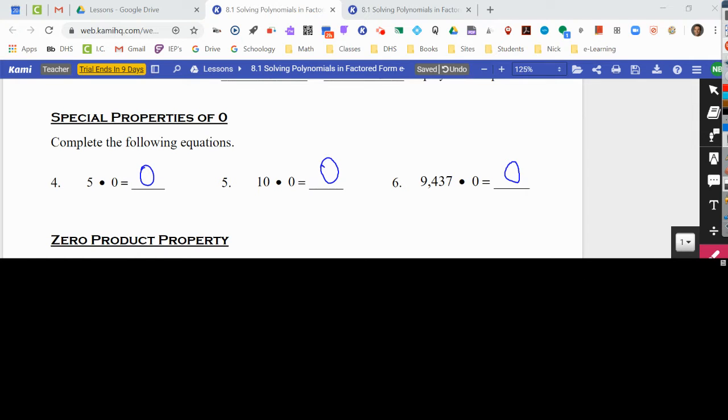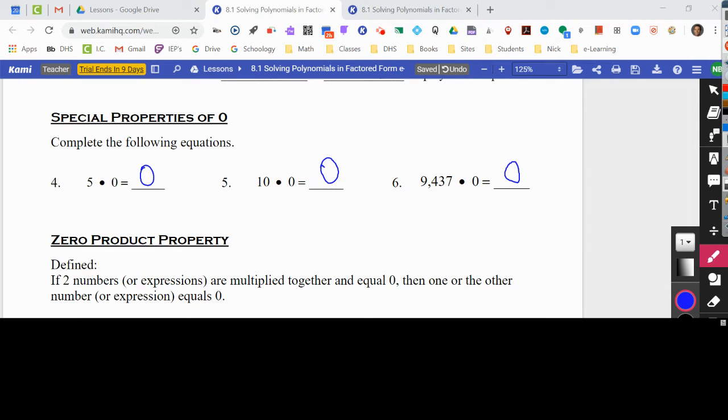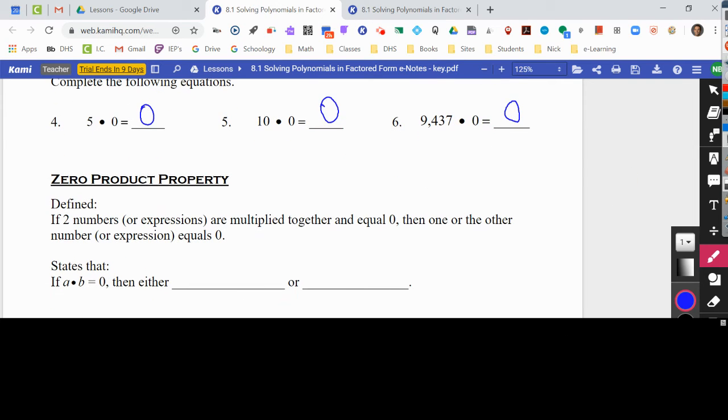Defined, the zero product property says if two numbers or expressions are multiplied together and equal 0, then either one or the other number or expression equals 0. Here is another way we can look at it. It states that if some number A times some other number B is equal to 0, then that means either A is equal to 0 or B is equal to 0.